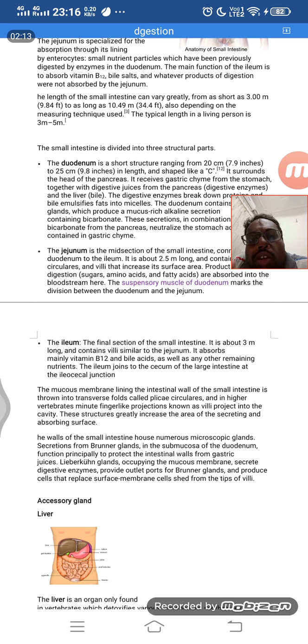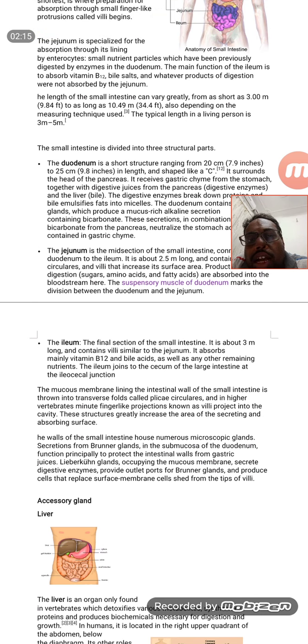One more thing: the food, the bolus, which is a mix of saliva and other things, has passed through the esophagus and reached the stomach, and inside the stomach it mixes with enzymes that we discussed in the last class. The product that comes after that we call chyme, and this chyme is acidic in nature because it is mixed with HCl.